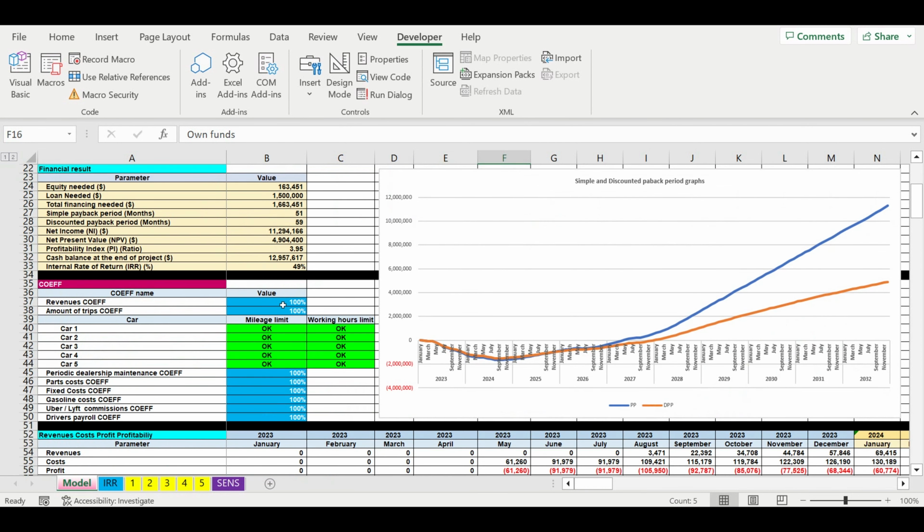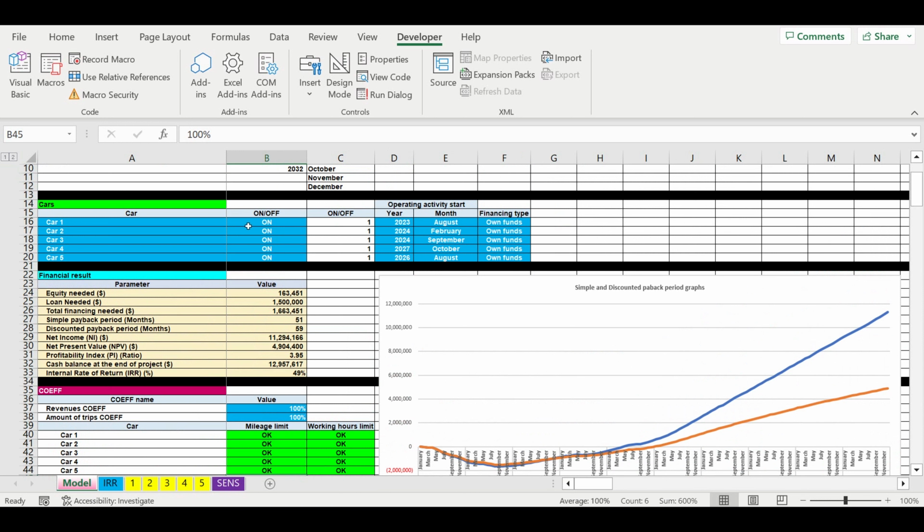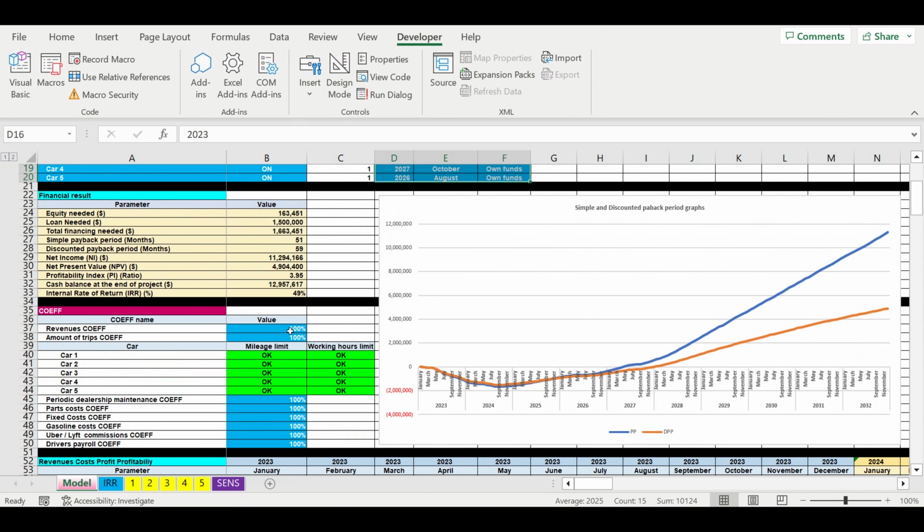These are the coefficients for revenues or expenses to play with. So we can play with these global inputs, these global coefficients, and see what the financial efficiency of the selected scenario will be. So we are going from global numbers to local numbers.